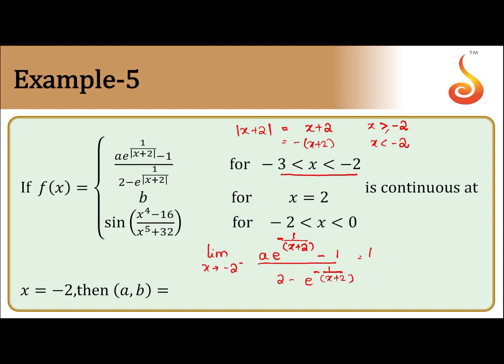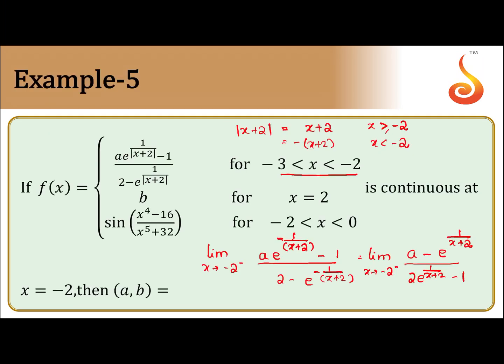Next step, the same thing can be written as limit x tending to minus 2 minus, a minus e to the power 1 by x plus 2, divided by 2 into e to the power 1 by x plus 2 minus 1. Why we took this, I'll explain to you in this case.